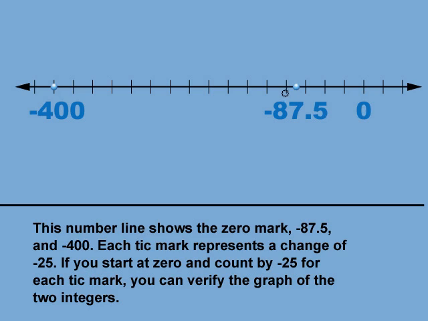The distance from negative 100 to negative 400 is negative 300. So now we just need to add the portion from negative 87.5 to negative 100, which is negative 12.5. So the difference is negative 312.5.